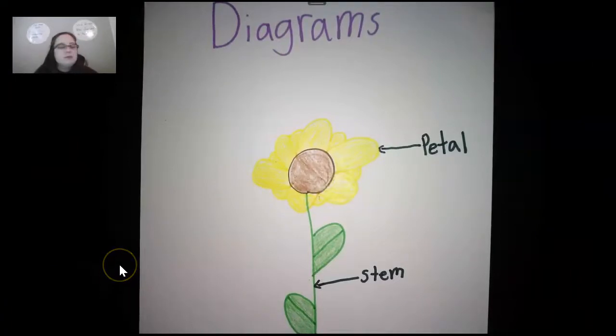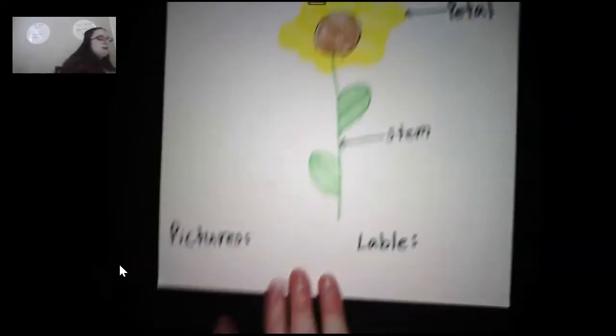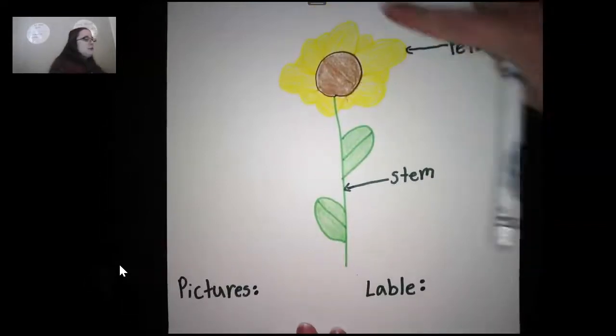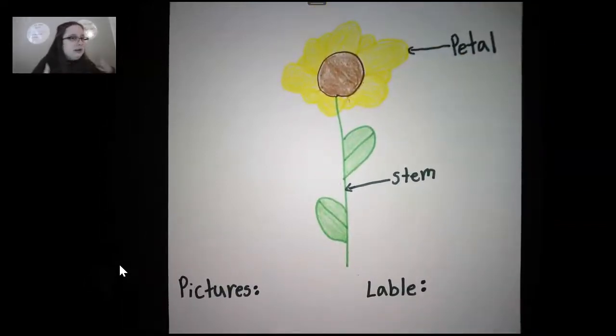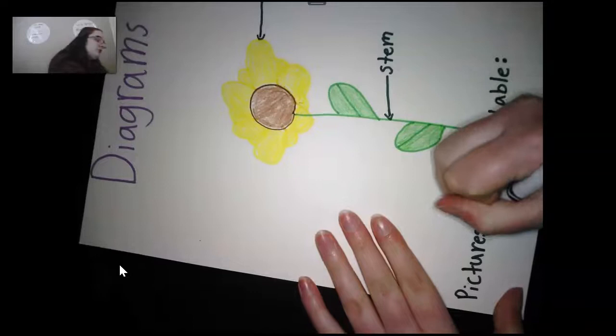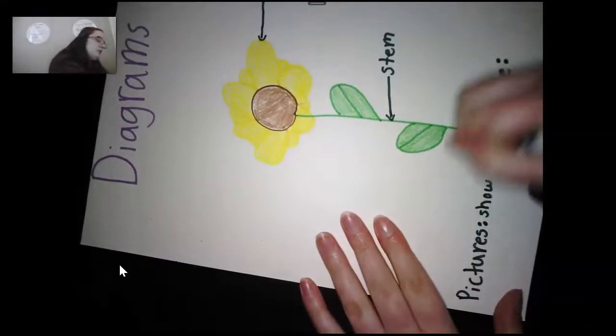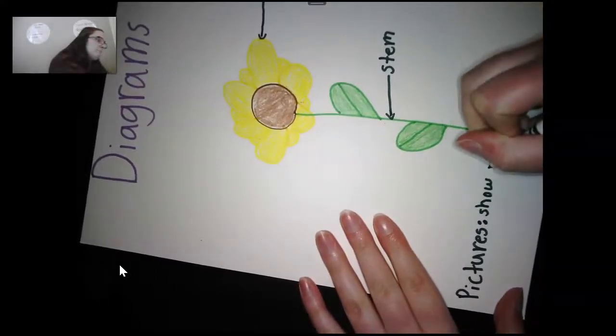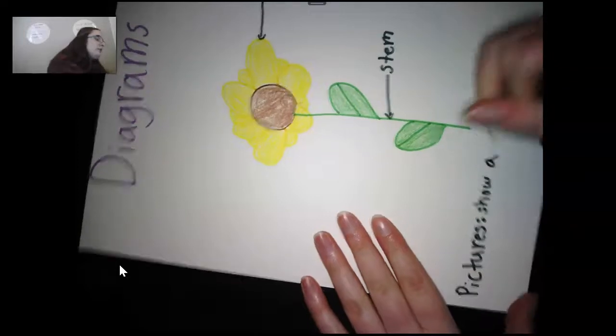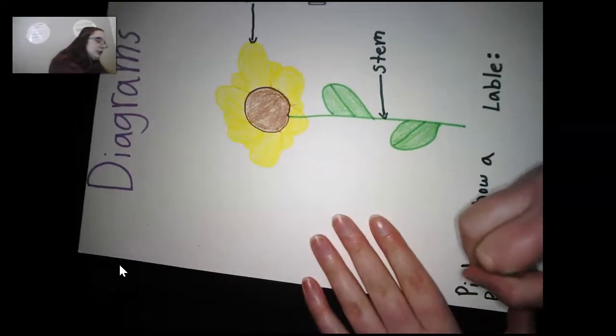So for my example diagram, excuse me, friends, we have two parts that you will see. And I have that down here at the bottom. So you have your picture or pictures, depending on your diagram. And so the pictures show a person, place, or thing.